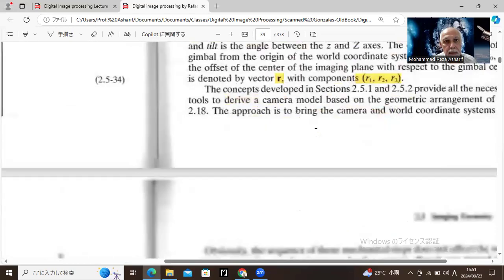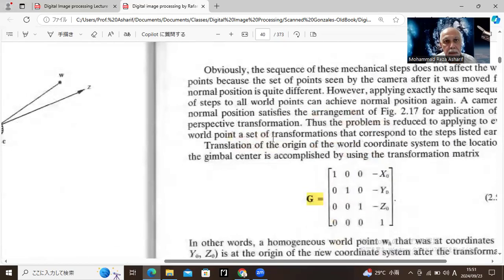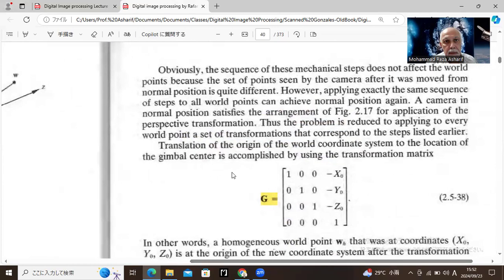And this I told you. For the translation, we use three transformations for alignment of the world coordinate and camera coordinate. What is this translation transformation? Which one is translation? Let me see here.